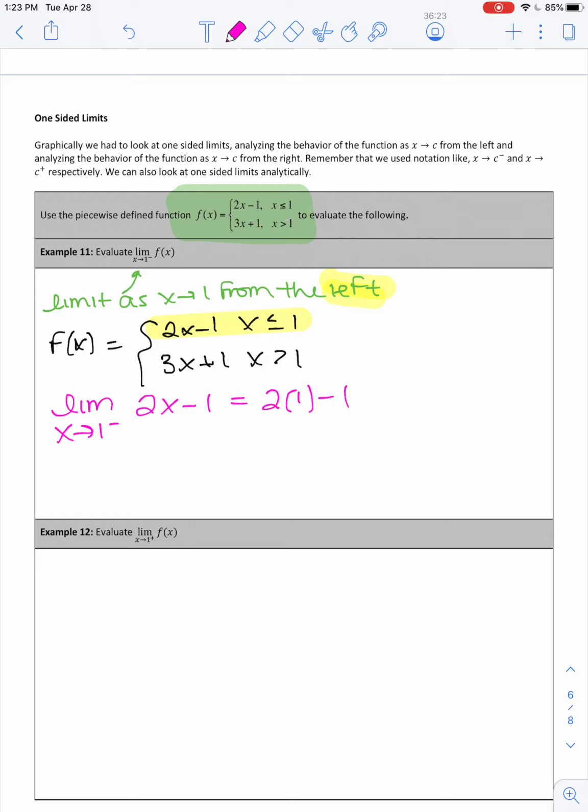And what's nice here is we can actually just calculate that using direct substitution. We find that that is equal to 1. Okay, so what that means is that the limit as x approaches 1 from the left of f of x is equal to 1.